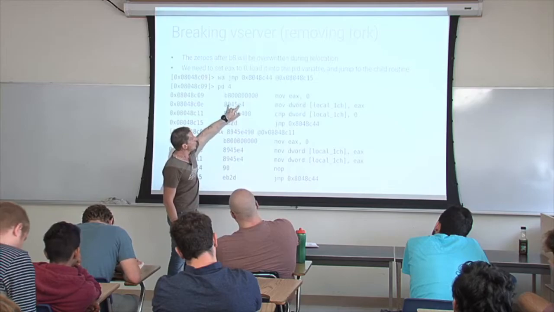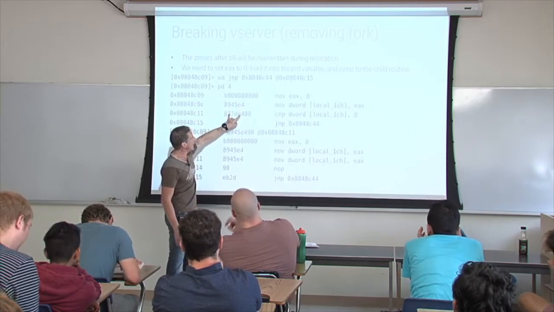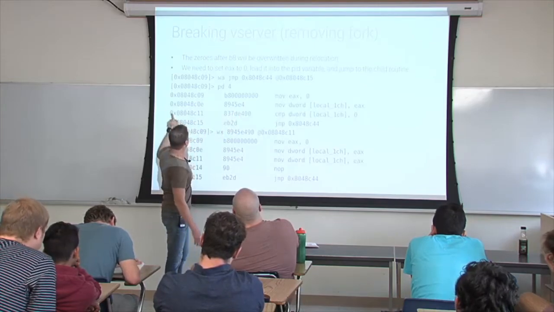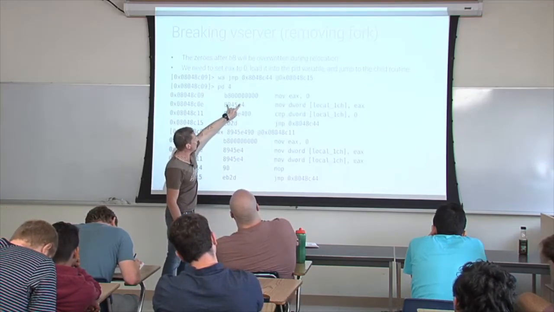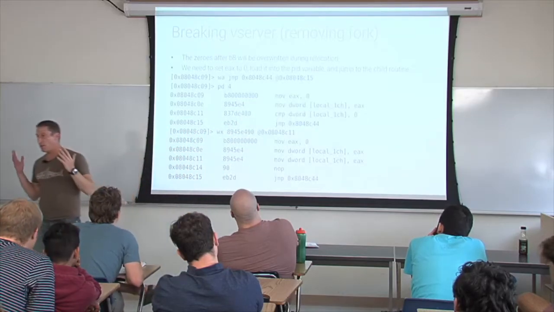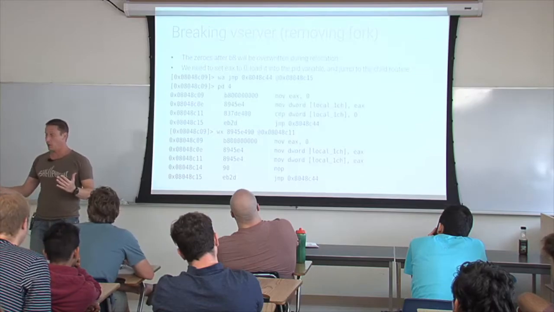First of all, we want to move this instruction down here. So in order to do this, we have to write at this location this instruction, but we have an extra byte to cover. And so we use our best friend, NOP.